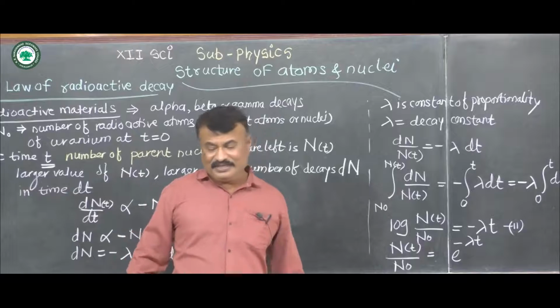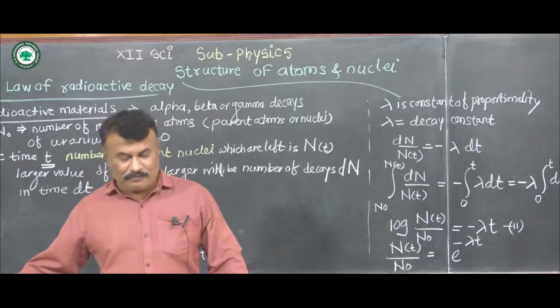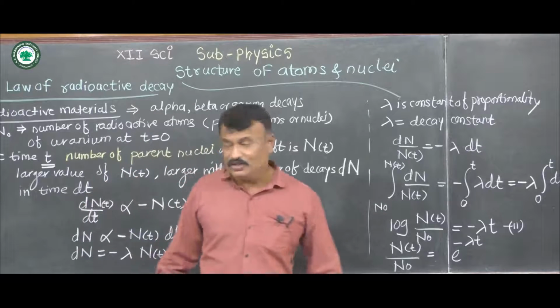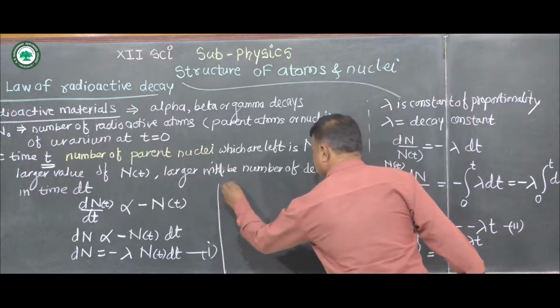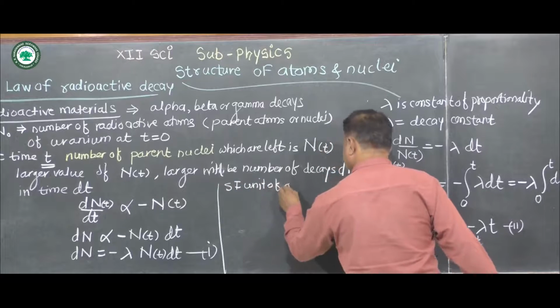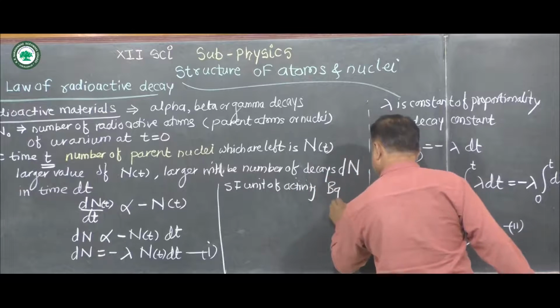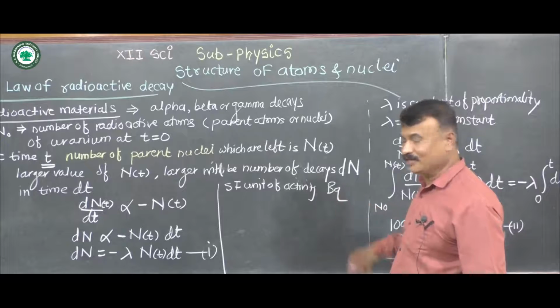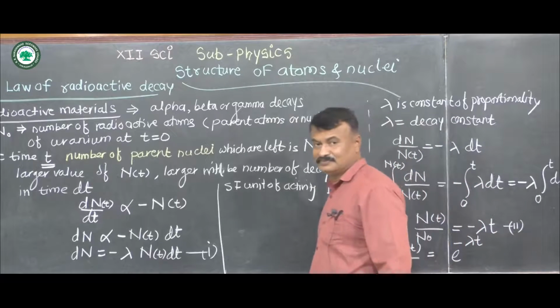Now this activity is measured in units of becquerel. So the SI unit of activity is becquerel. In short we write Bq. So this is the SI unit.